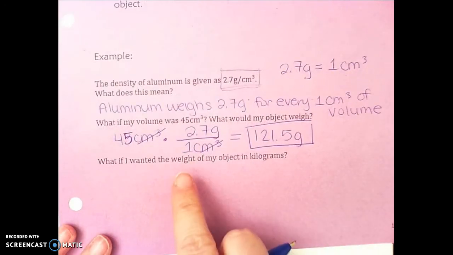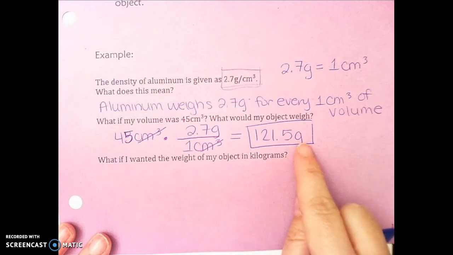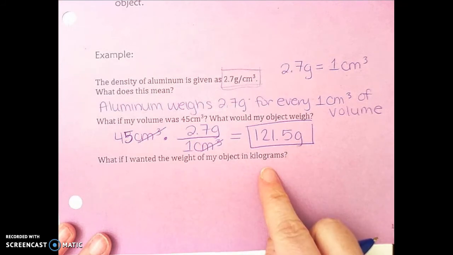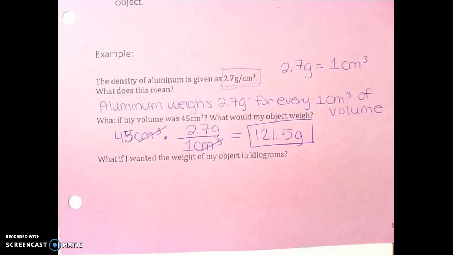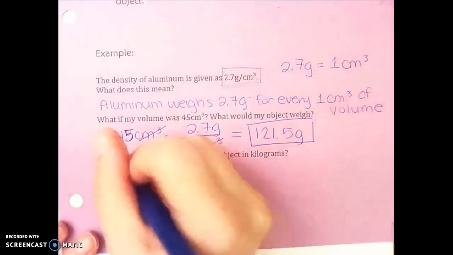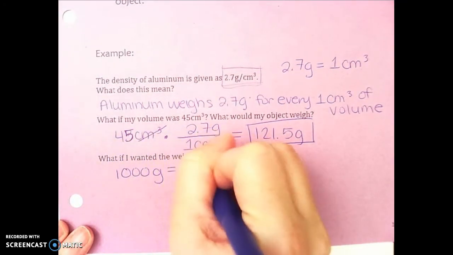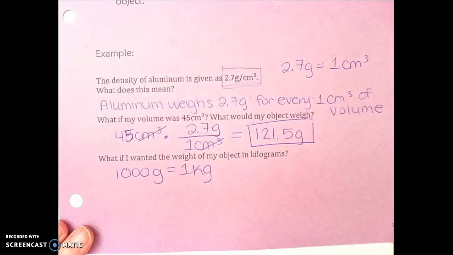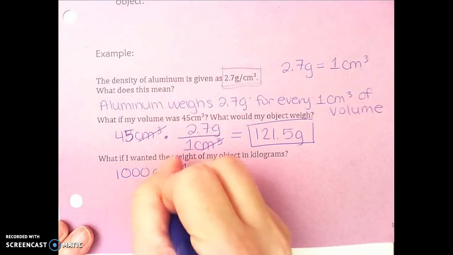I can also use another unit conversion to go from grams to kilograms. So let's say the question asked for my answer in kilograms. One of the unit conversions that you have to know is 1,000 grams is equal to 1 kilogram. So if we write our conversion down, we're going to start with our 121.5 grams.